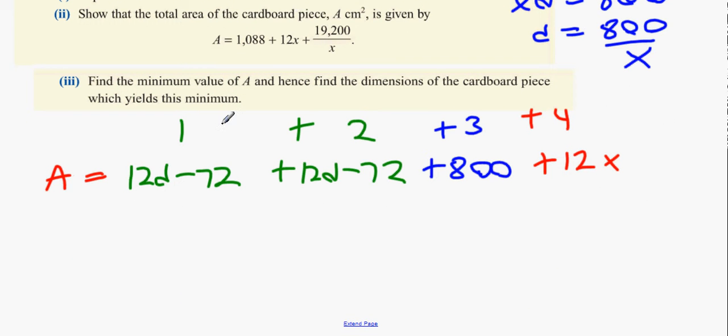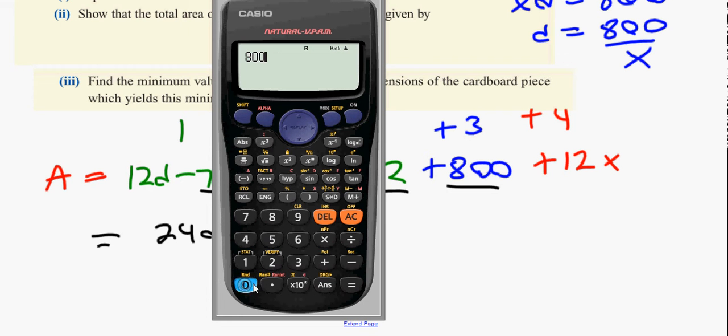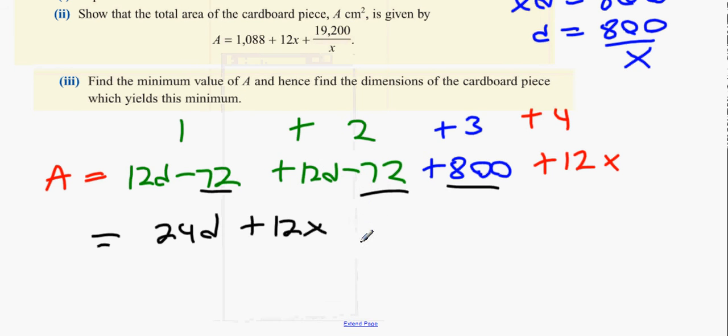Now we're going to have 24D, 12X, and then 800 minus 144, so 800 minus 72 twice, or minus 144. We get 656, so plus 656.